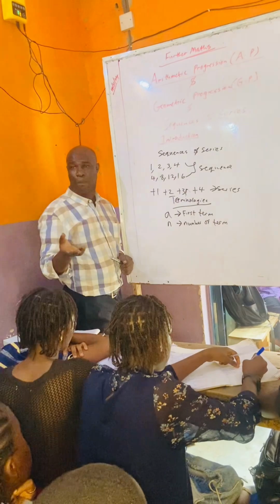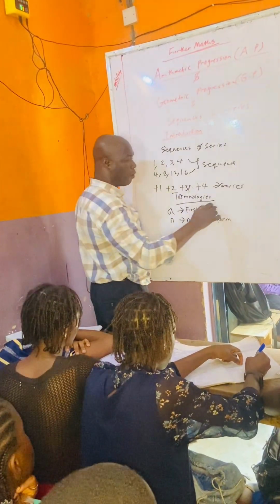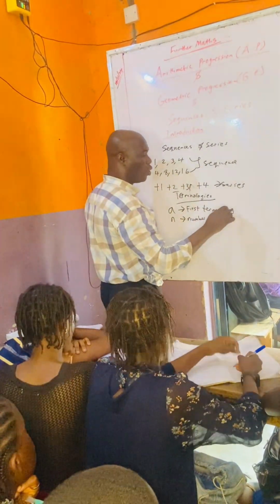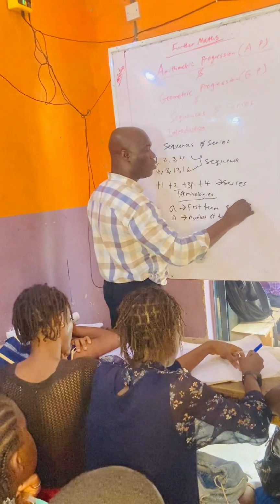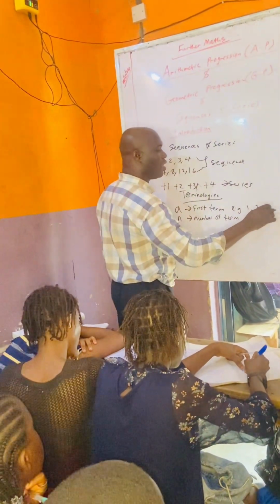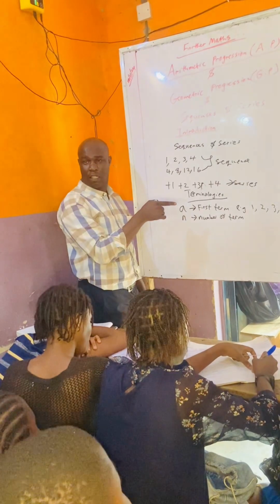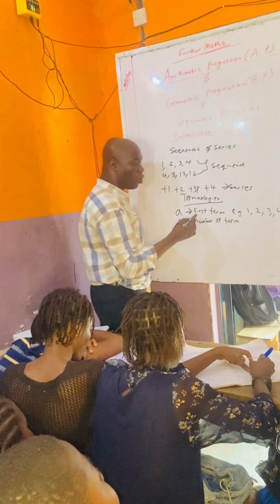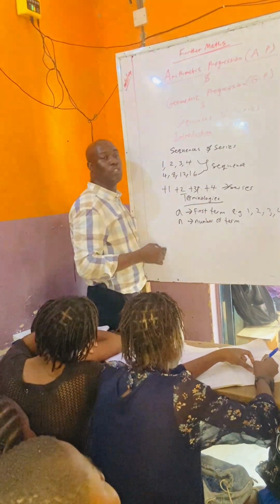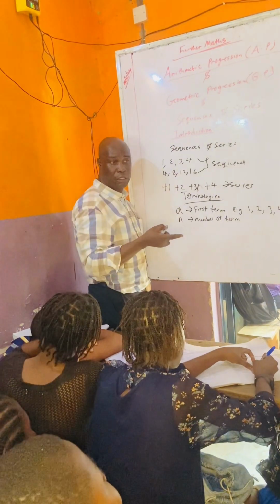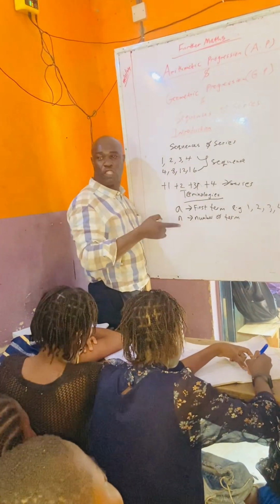We can give an example. You have the numbers 1, 2, 3, 4. And they ask you what is your A? Your A means first term. They don't want to say first number, they say first term.